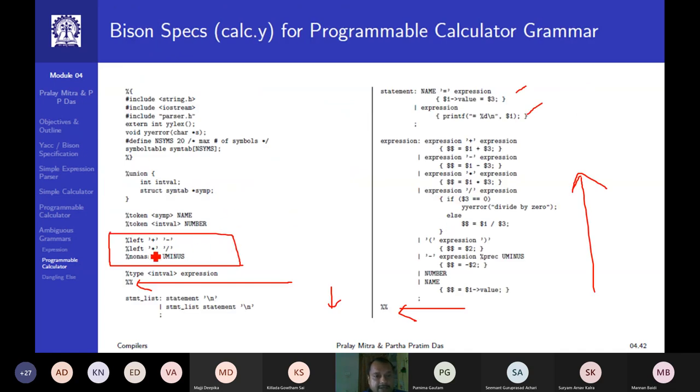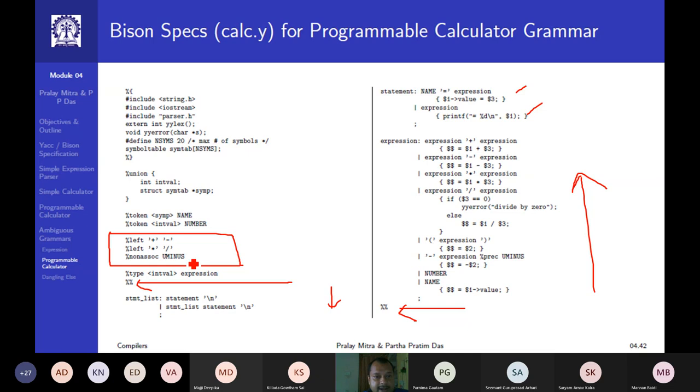Now to differentiate between binary minus and unary minus, for the binary minus I am writing within single quote hyphen, but for unary minus I am writing u minus, all in capital, indicating perhaps this is a defined statement.